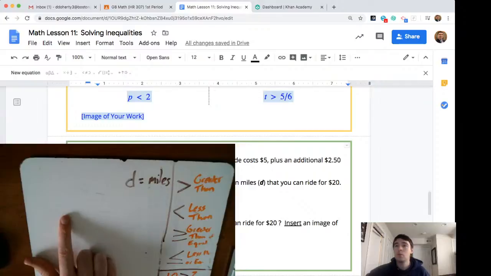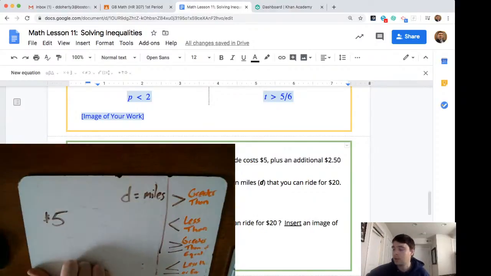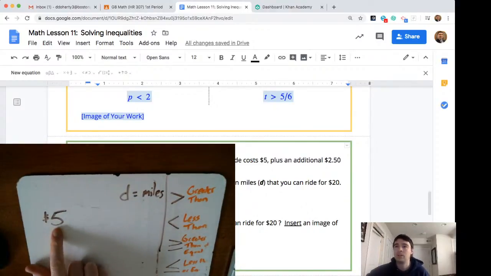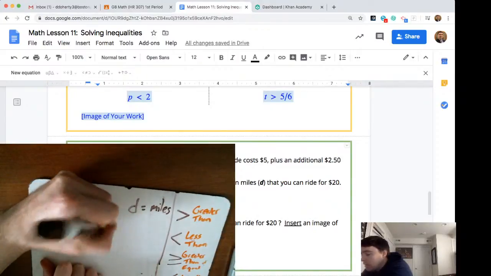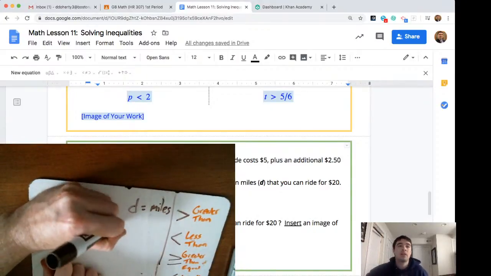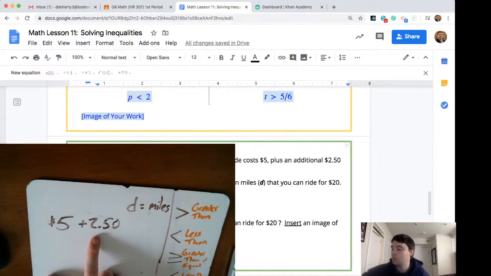First off, when the Uber shows up, they're going to charge me $5. That's the flat fee. The Uber comes out, it gets me. If I'm not going very far, maybe it's just a $5 ride. But then as I travel further and further, they say plus an additional $2.50. But that $2.50 is per mile. Every mile has to be charged $2.50.